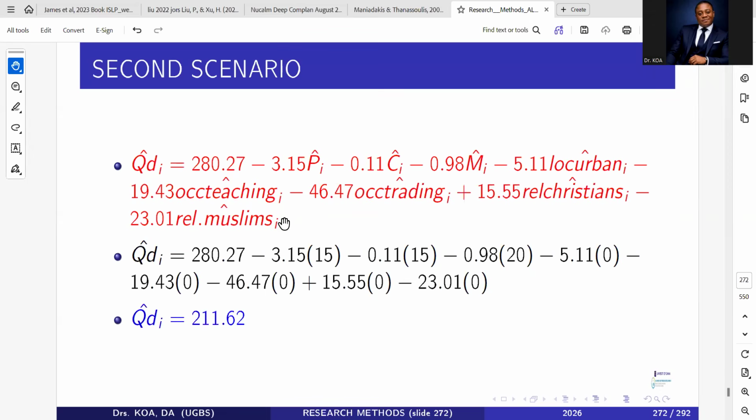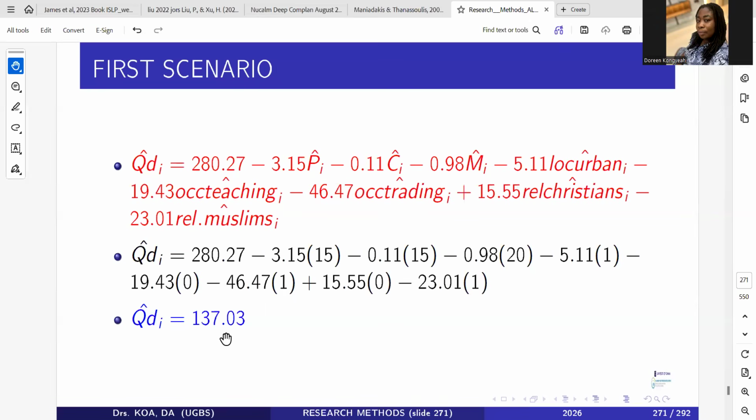Okay, so when you add this, you're going to get 211. So now let's compare the 211 and the 137. The first one is 137. Which one is giving us more quantity demanded, the first scenario or the second? Darren? The scenario 2. Good. So what is driving the difference?